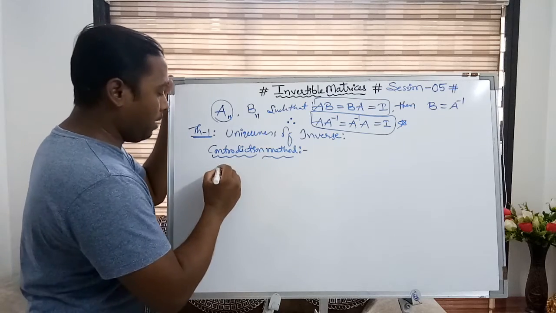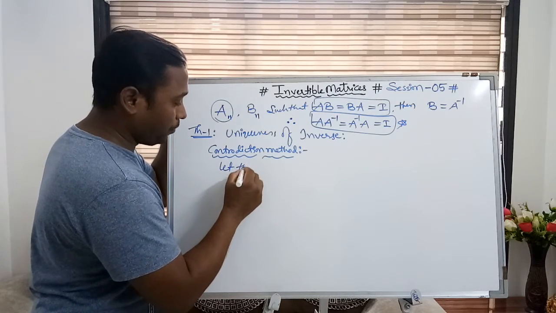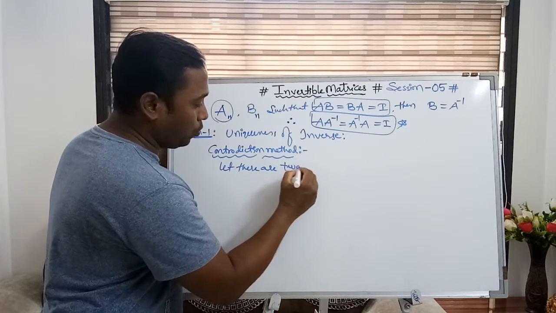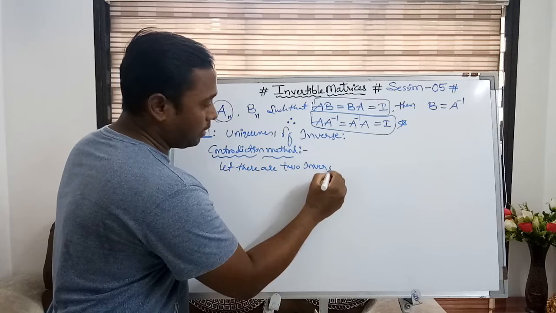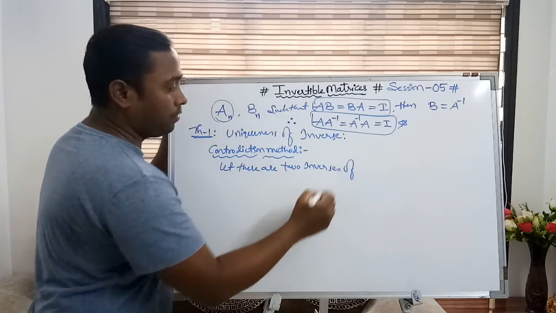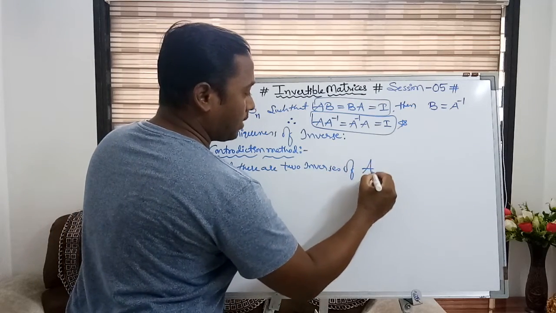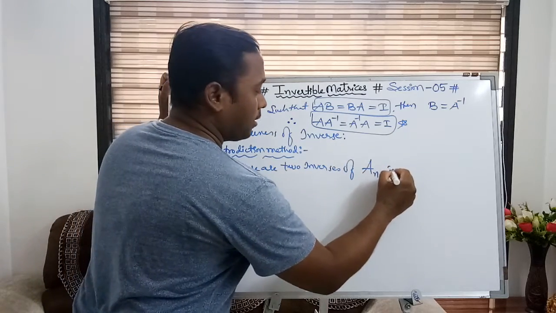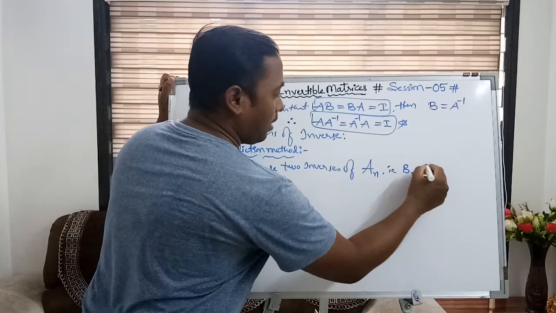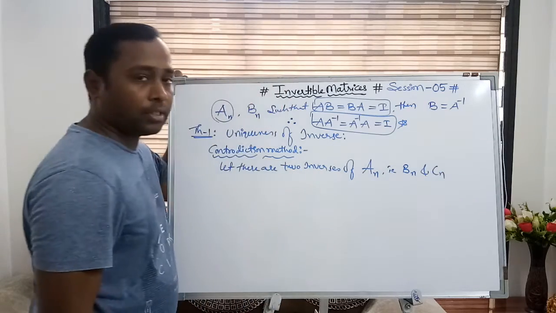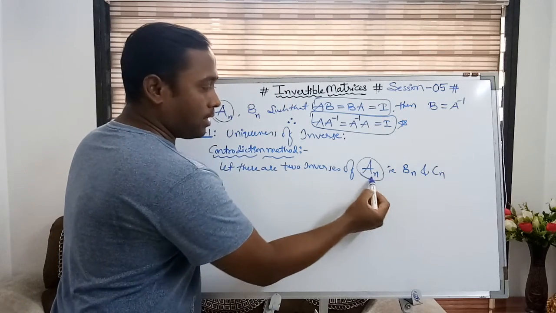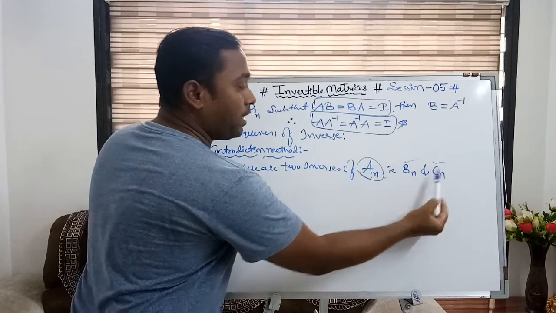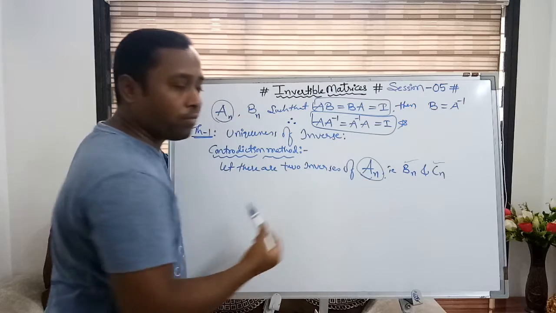In the same manner, I am assuming that there are two inverses of a square matrix A of order n, that is, B and C. The given matrix is A of order n. We assumed that there exist two different inverses of the given square matrix.